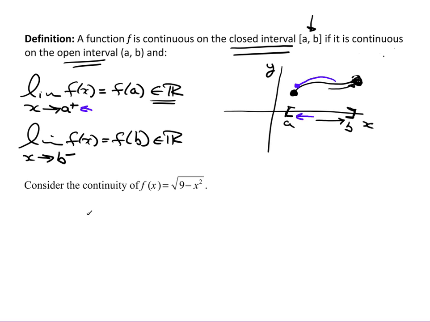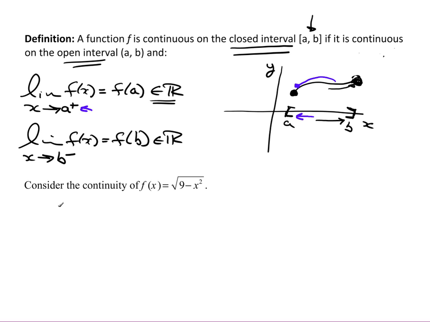So let's take a look at a quick example here. I want to consider the continuity of f of x equals the square root of 9 minus x squared. Well, the first thing I want to do here is try to figure out where this thing's defined, because I know that for f of x to be defined, this piece right here has to be either positive or 0.